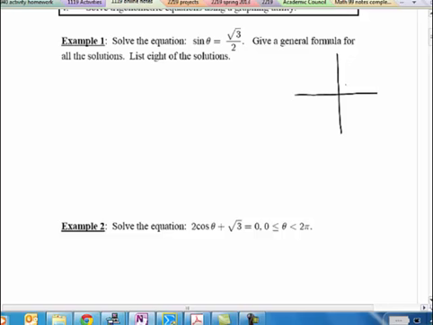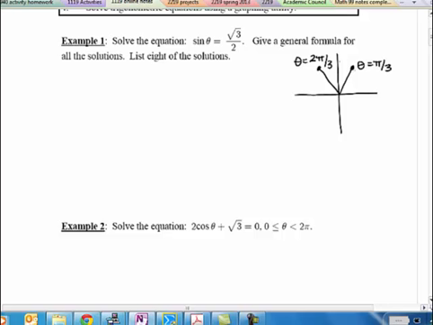And if we're going to have square root of 3 over 2, we're going to have something like pi over 3 in quadrant 1 or 2 pi over 3 in quadrant 2. So those are two of the solutions here where sine of the angle is square root of 3 over 2.